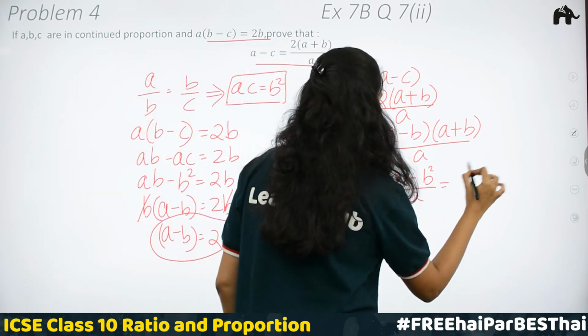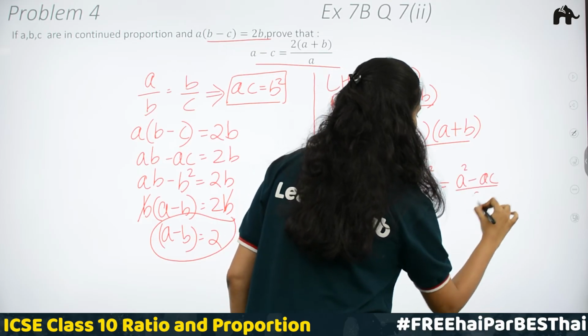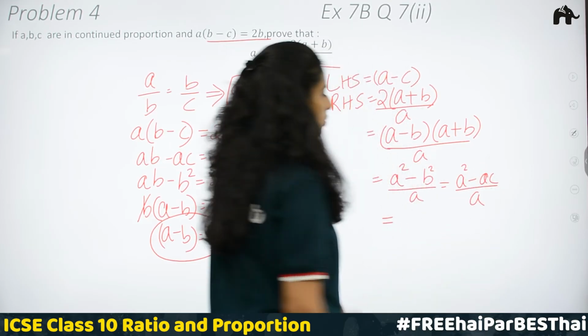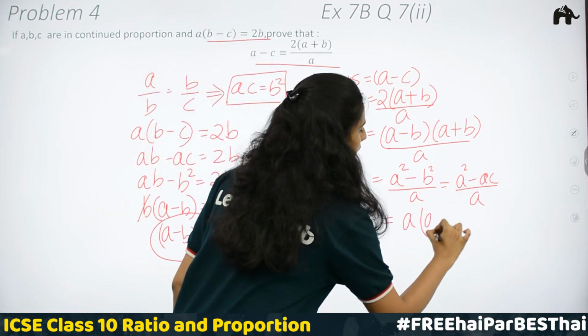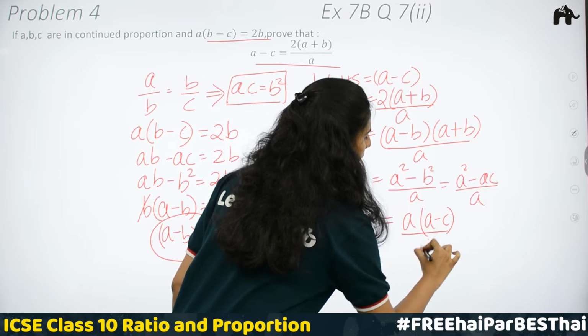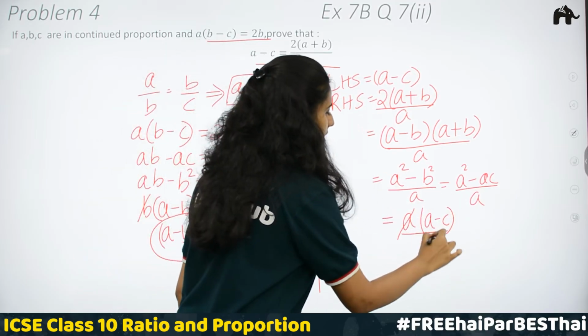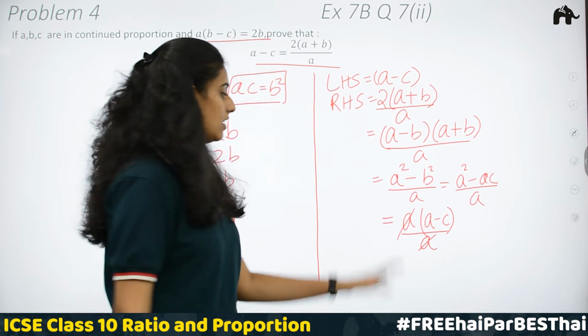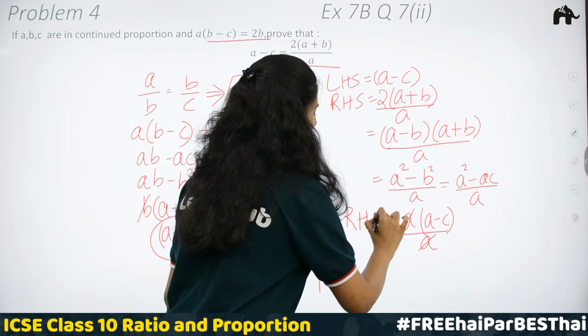Substituting, this is equal to A square minus AC divided by A. A is common, taking A out, we get A into (A minus C) divided by A. Cancelling, from numerator and denominator, we can cancel A. We get A minus C, which is RHS.